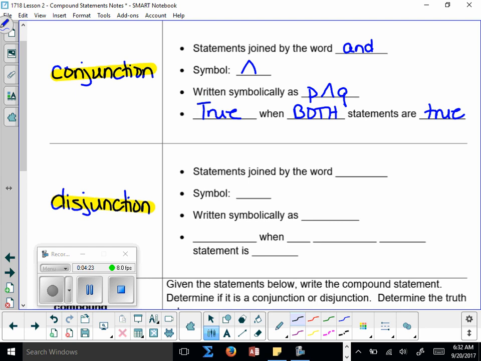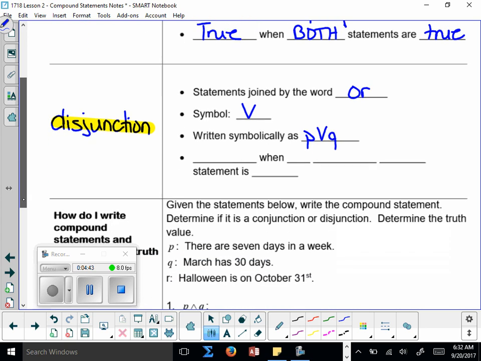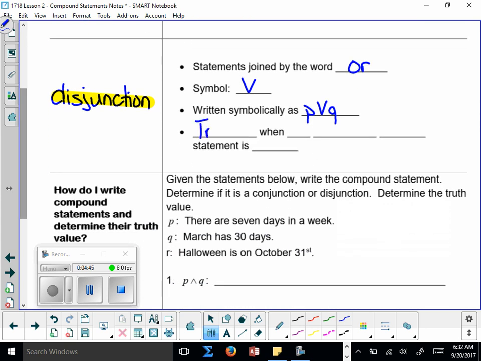Disjunctions, when you did these in Algebra 1 with inequalities, the arrows pointed away from each other on the number line, and those were joined by the word or. This symbol is a capital V, so it would be written symbolically as P or Q. And this is true when at least one of your statements is true.